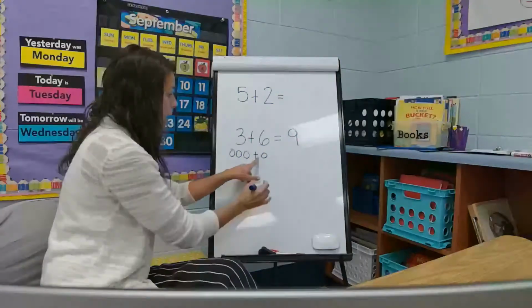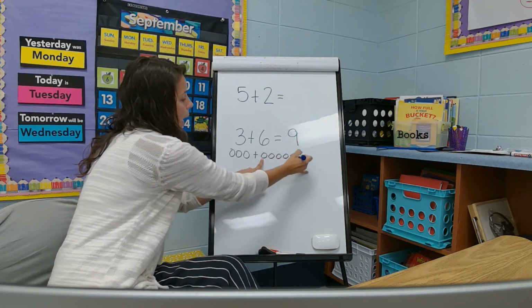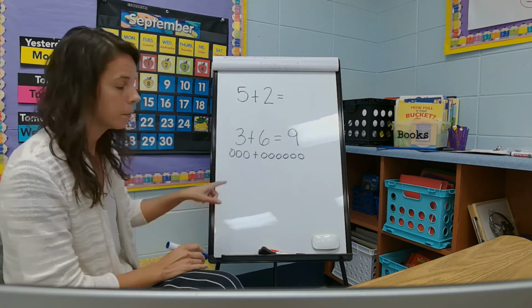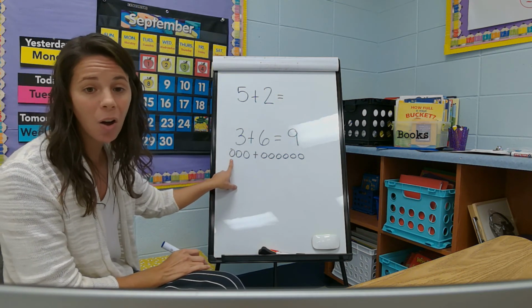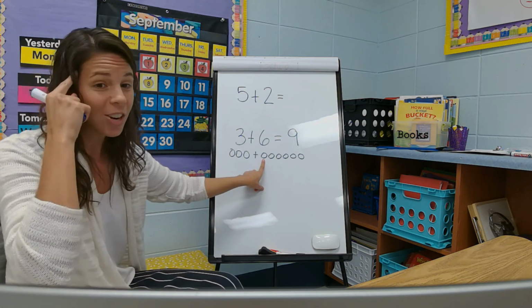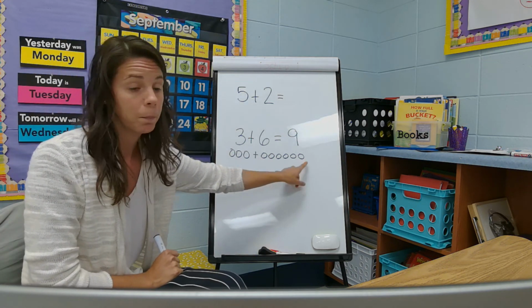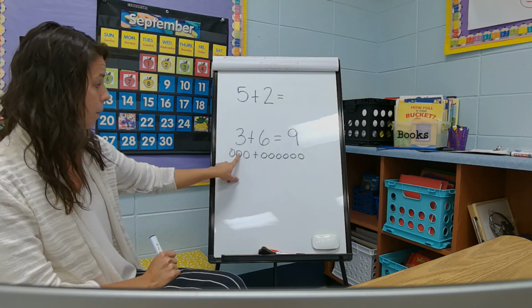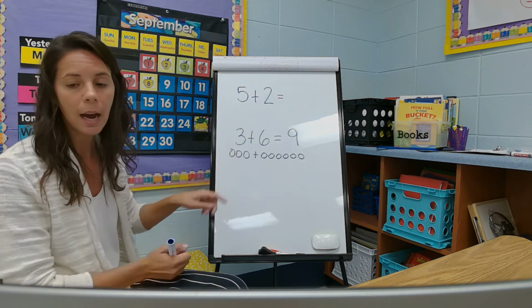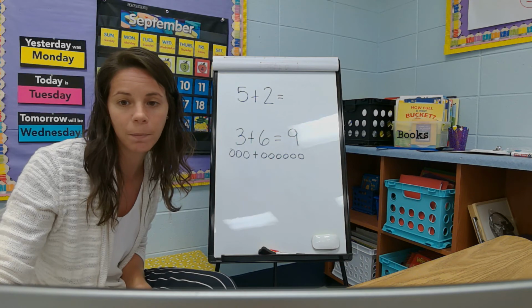So I'm going to add 6 more. 1, 2, 3, 4, 5, 6. Now I have to count them all up, and that's a lot of dots. So, like I just said, first I tried in my head and I put that big number first. 6. Then I counted up. 7, 8, 9. And I just counted 9 dots really quick by putting that big number in my head first.